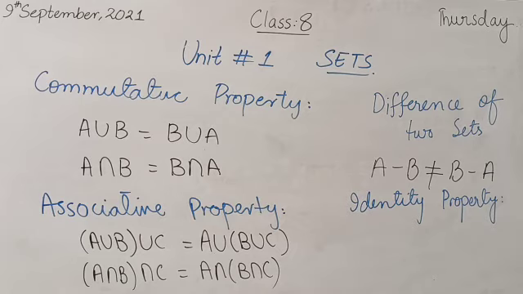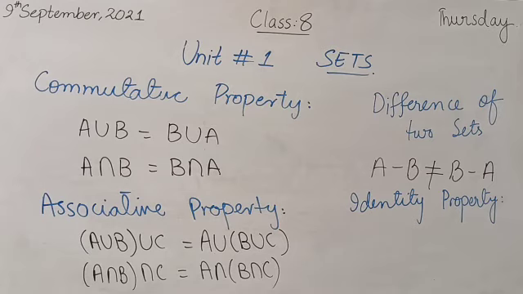Similarly, if we take intersection with any set, then it will also remain same. What is the additive identity? Which number, when added, has no effect? Zero. Good. If we add zero to any number, no effect. Similarly, what is the multiplicative identity? Very good. Multiplied by one. If we multiply any number by one, no effect.